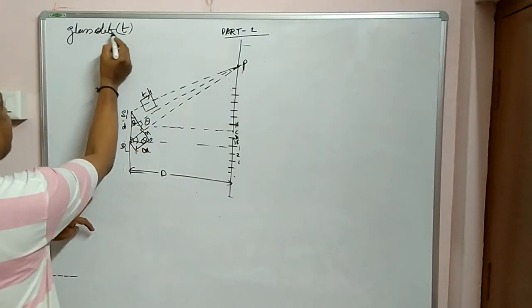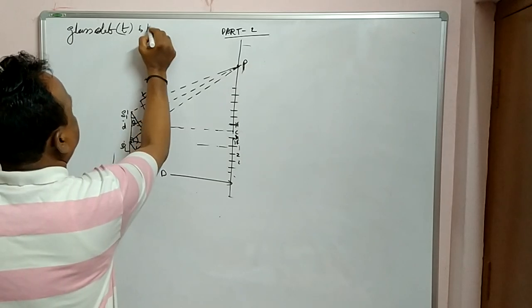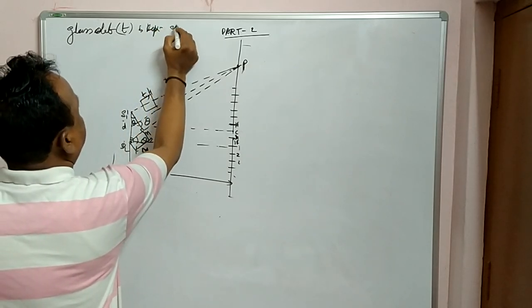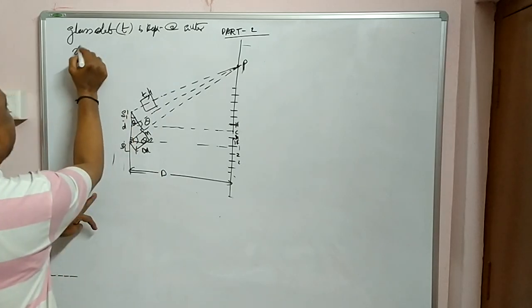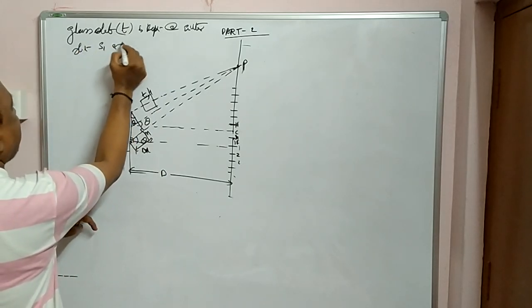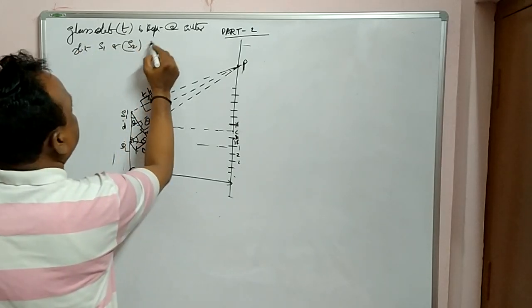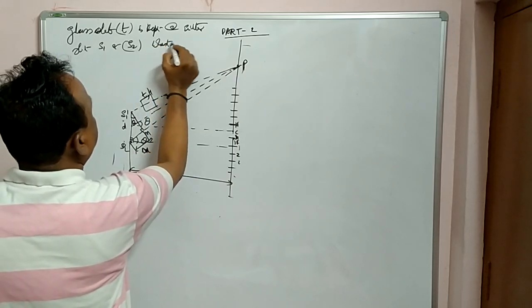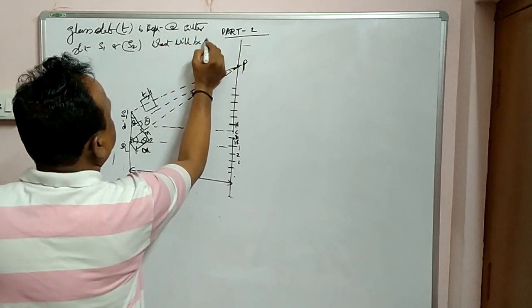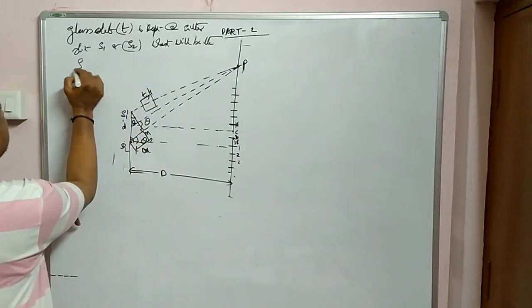Glass slab of thickness T is kept at either slit S1 or S2. What will be the shift?